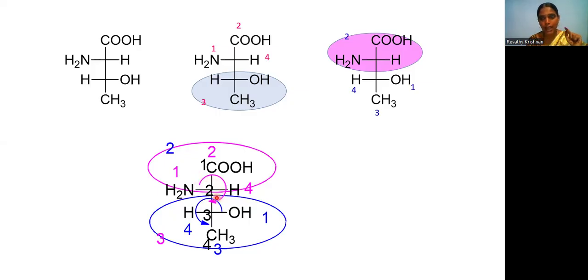We are expecting it as R, but actually it is S. Similarly, in the third carbon, we are expecting that it is 1, 2, 3, so we are expecting anti-clockwise, S, but it is actually R. So the configuration at the second carbon is S, and the third carbon is R.